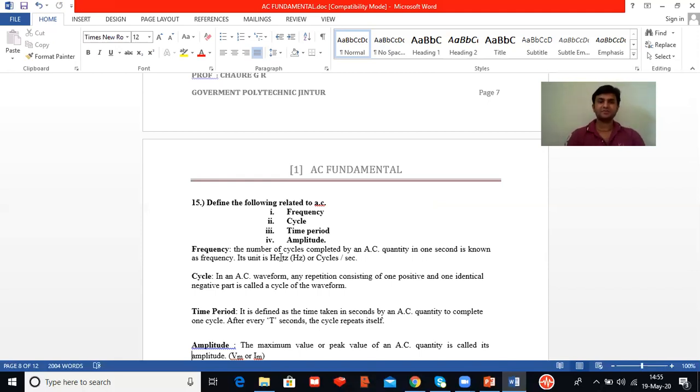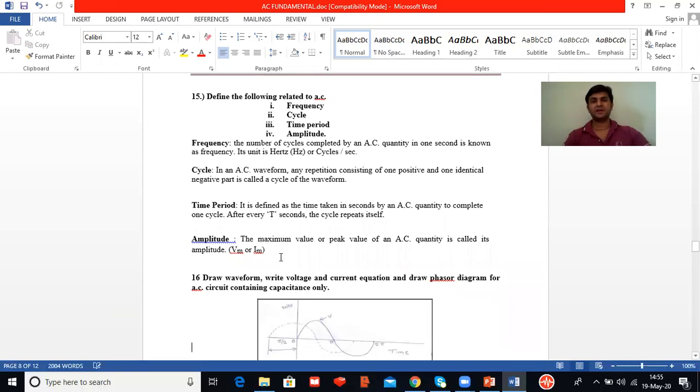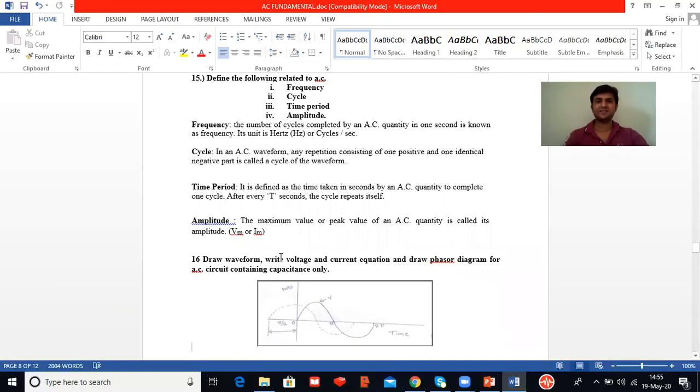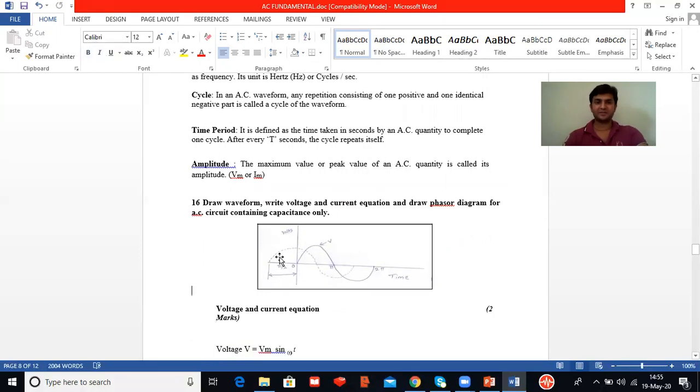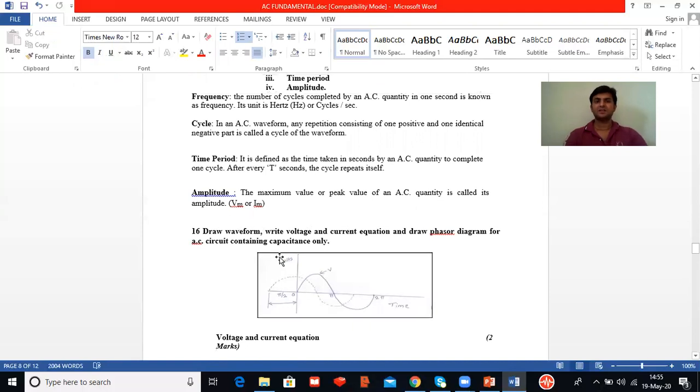Then the next question is: define the following terms: frequency, cycle, time period and amplitude. First, frequency. The number of cycles completed by an AC quantity per second is known as the frequency, and the unit of frequency is the hertz. Second is the cycle.